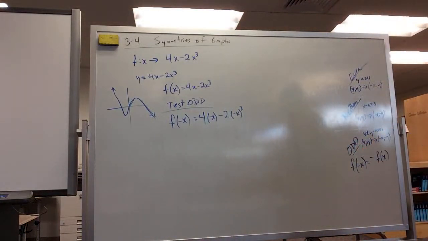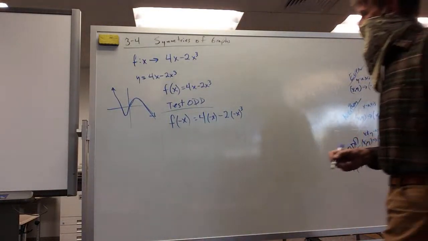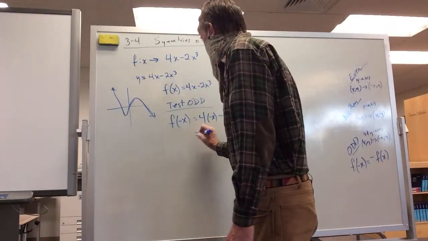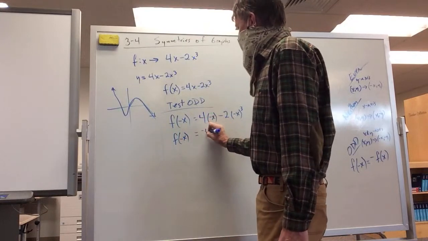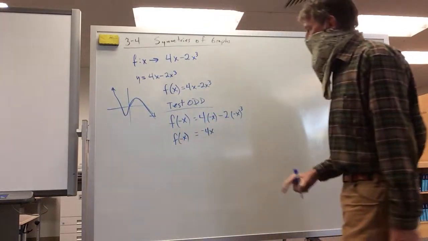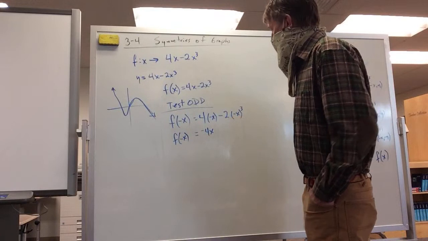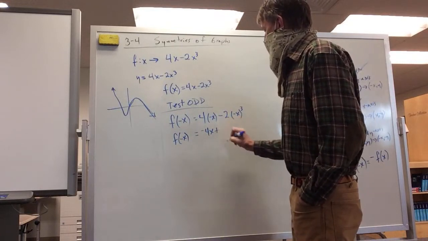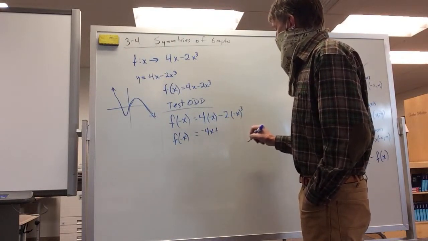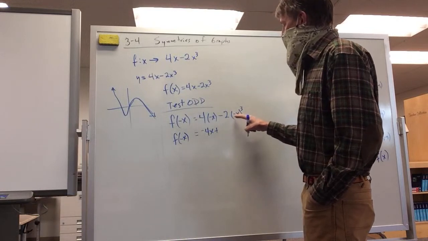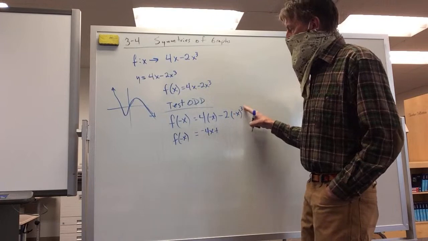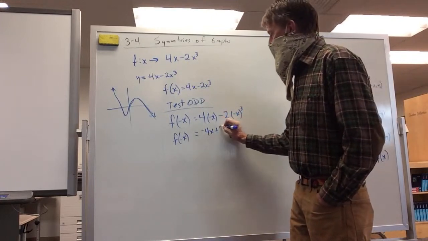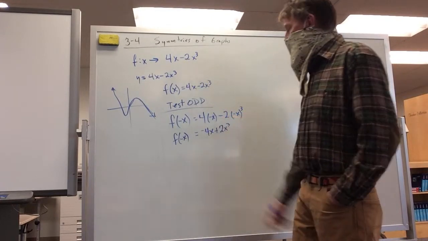Now your algebraic skills will come in handy. This can just be turned into negative 4x, agree? What is this going to turn into? It's cubed, so negative x to the third is a negative. So that's what it becomes.